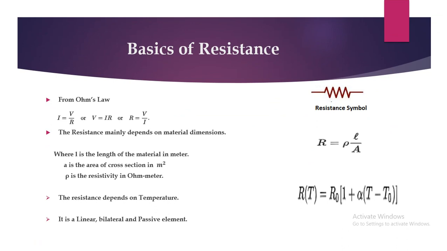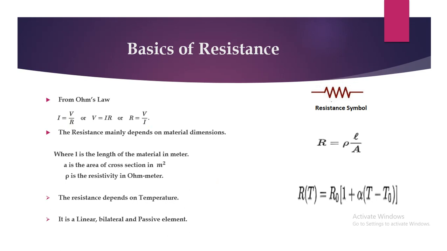Some basics of resistance. We can also get the equation from Ohm's law. That is, Ohm's law states that at constant temperature, the current flowing through the resistance or material is directly proportional to the potential difference applied across the material.